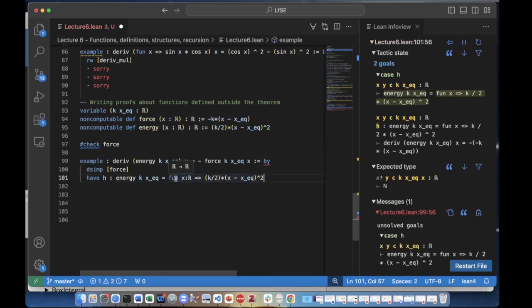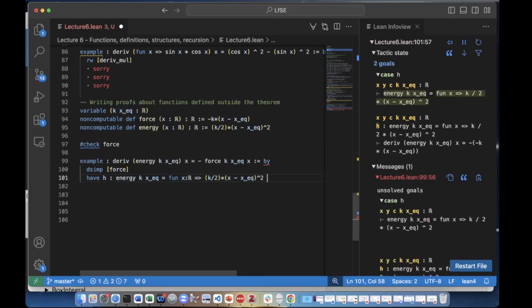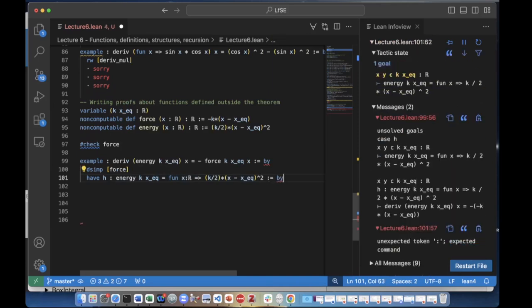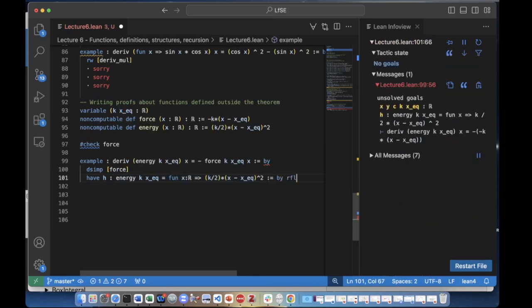Okay, so I'm trying to turn energy KEQ into something of this kind of form. Both of these are of type R to R. And with this, I can do by rfl. And now we have an additional hypothesis in here, which we can use in a rewrite.